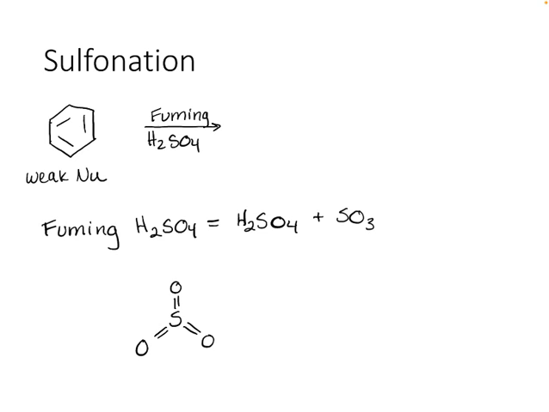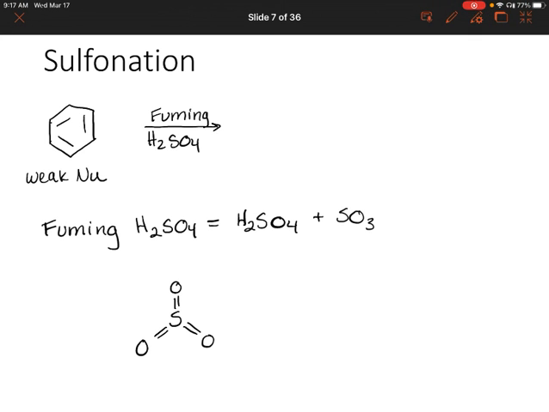Now remember, sulfur can have an expanded octet, so it is totally valid for it to have, let's see, 2, 4, 6, 8, 10, 12 electrons here. Now the reason that this is a good electrophile is if we draw our resonance structure, we can move the pi electrons over to oxygen, and oxygen will now be negatively charged and sulfur is positively charged.